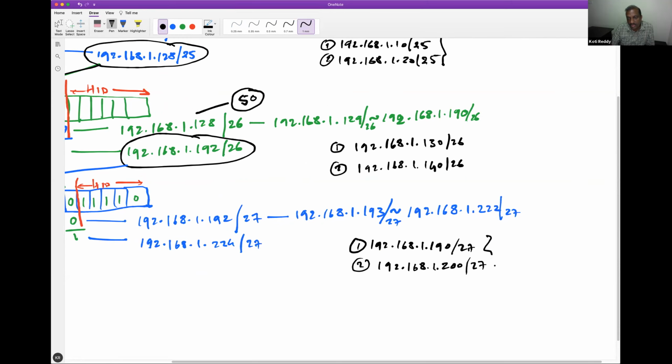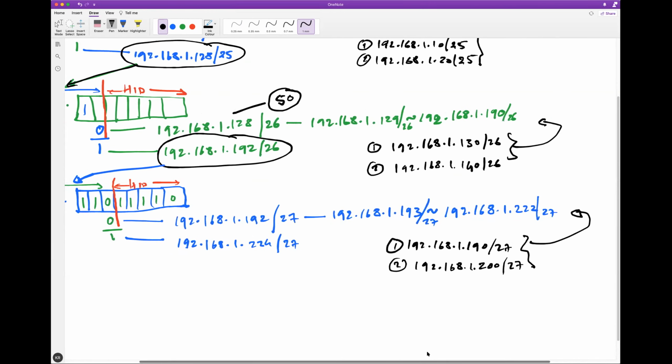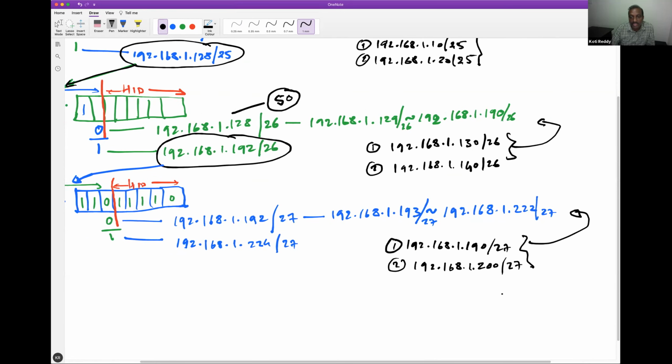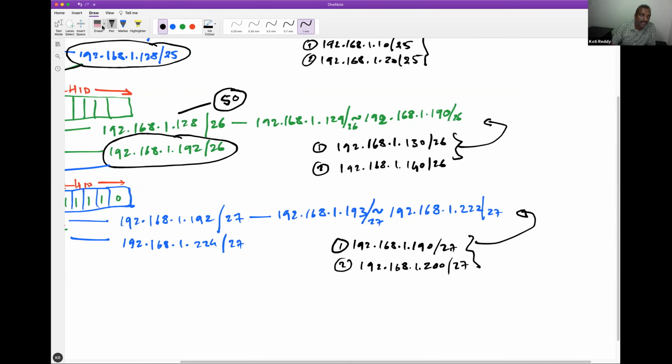These two IP addresses belong to this particular network ID. 190 is out of the range, isn't it? Sorry, 193, right? Correct. Okay. Starting with 193. You are correct.